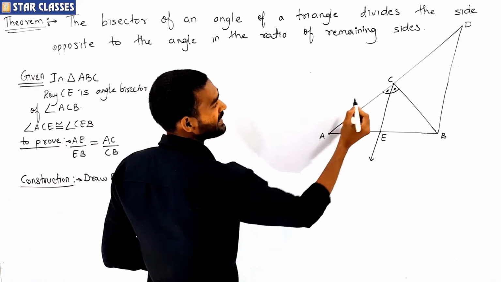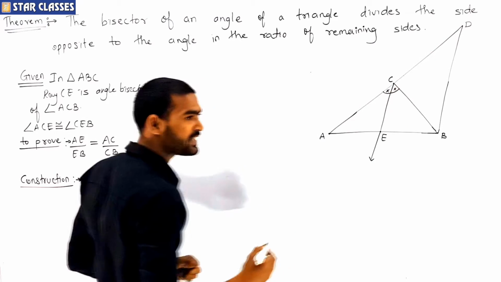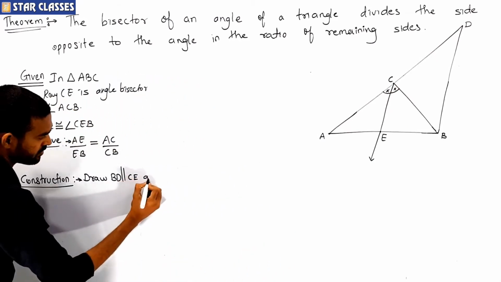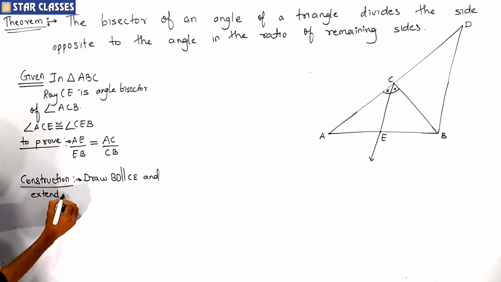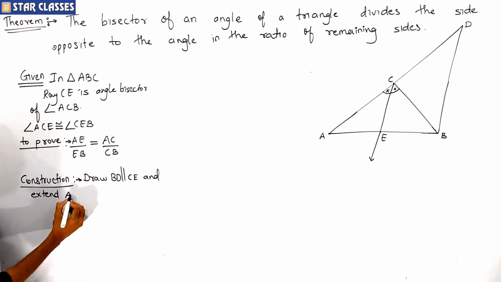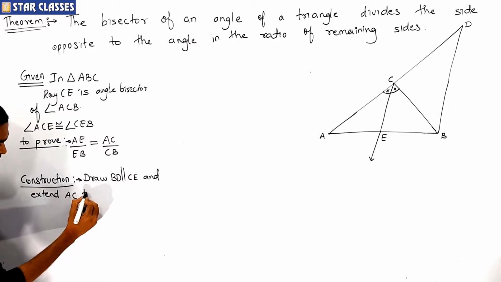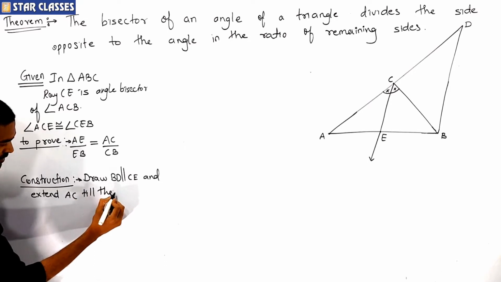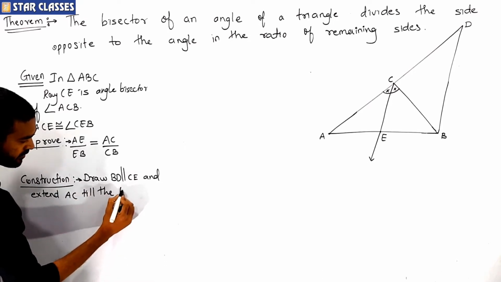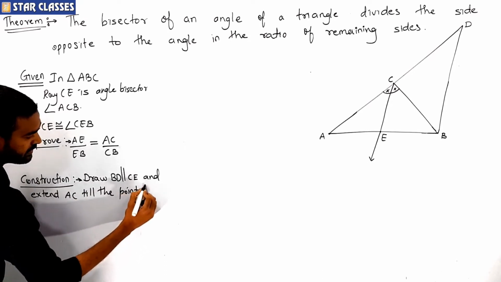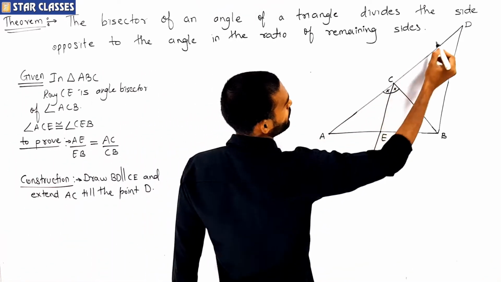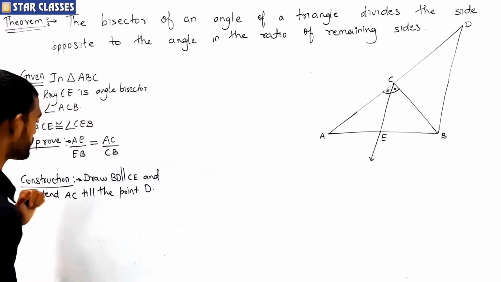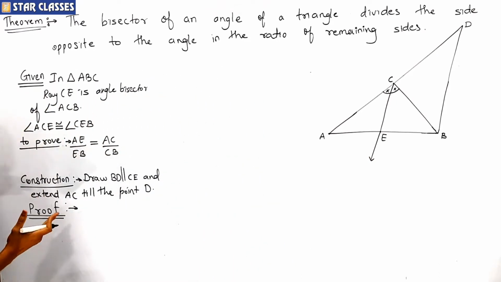We have extended AC till point D. So we'll write here and extend AC till the point D. Clear? So we have extended AC up to the point D. Clear, students?